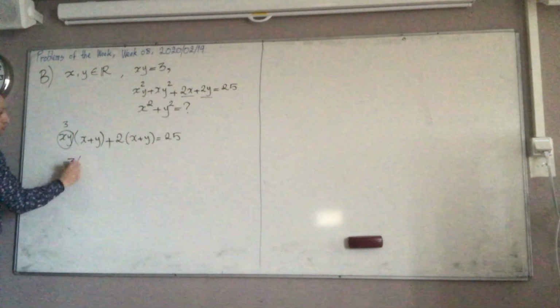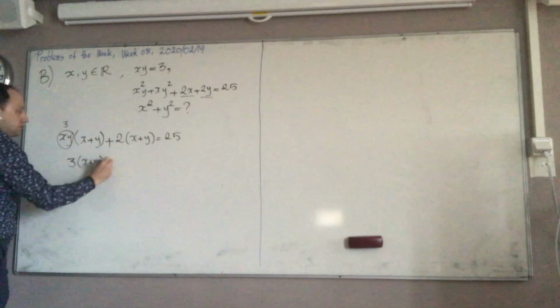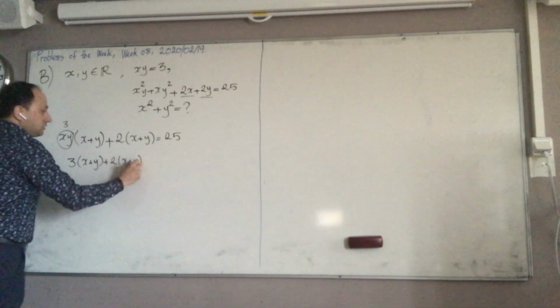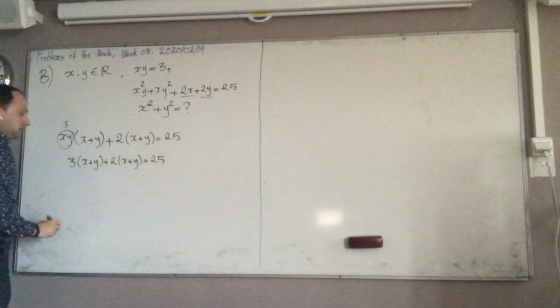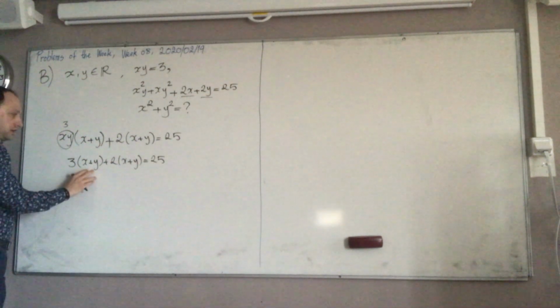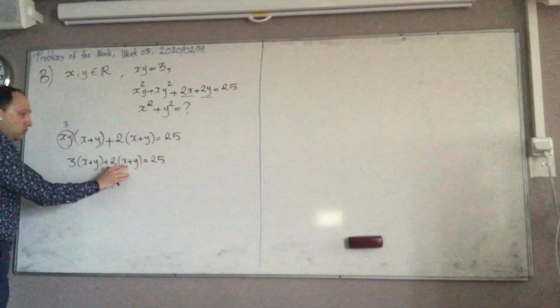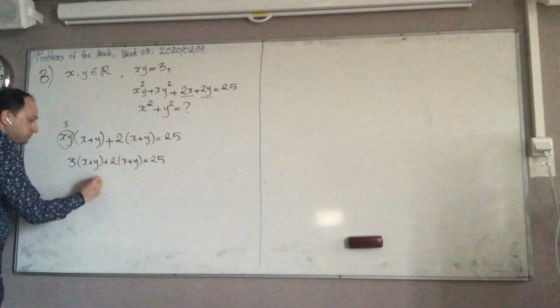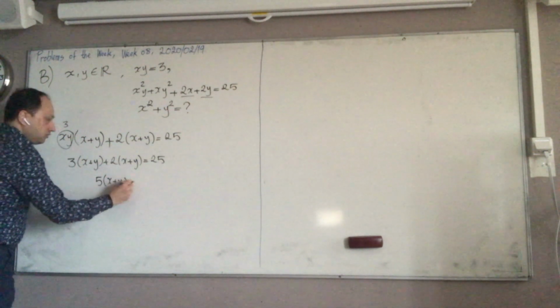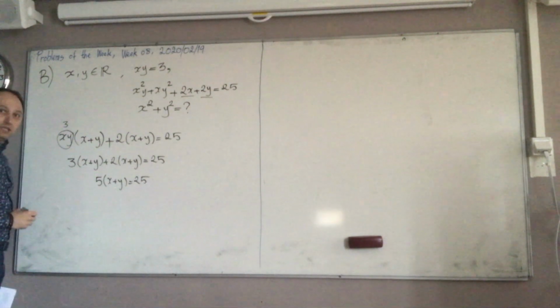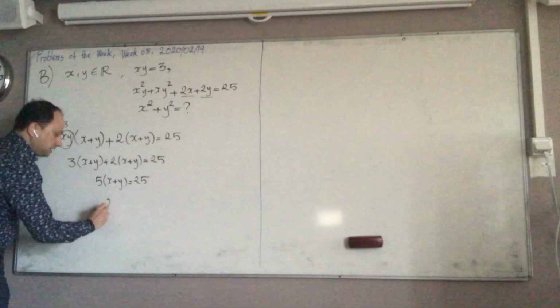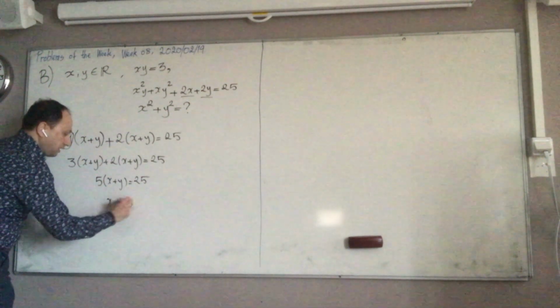So then I will get 3(x plus y) plus 2(x plus y) is equal to 25. Yes, so I have 3(x plus y) plus 2 more of the same thing, so it becomes 5(x plus y) equals to 25. And then I can divide by 5, it becomes x plus y equals to 5.